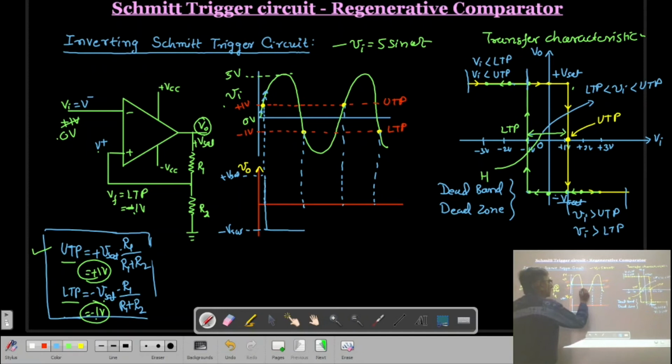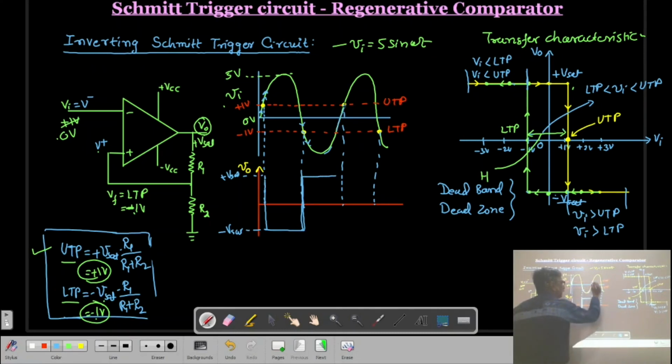Here the input voltage is crossing the LTP and going on decreasing. Remember, in that case the output will change state from minus V saturation to plus V saturation. Then for all these values of the input voltage, it is less than the LTP, so it will remain in plus V saturation.